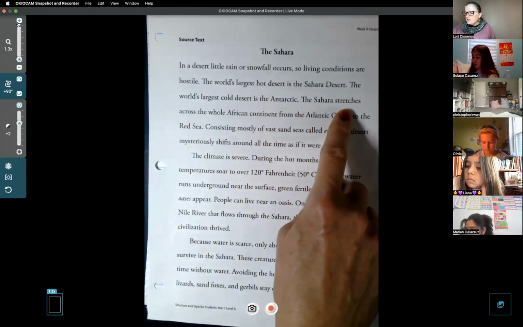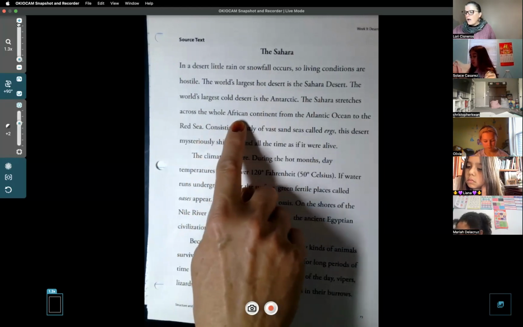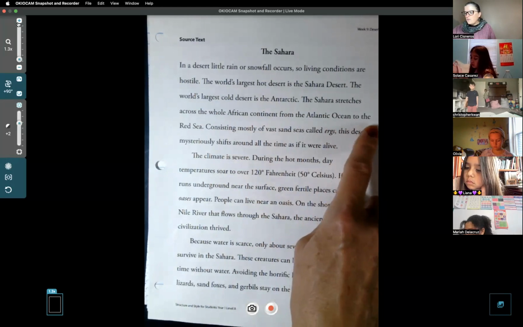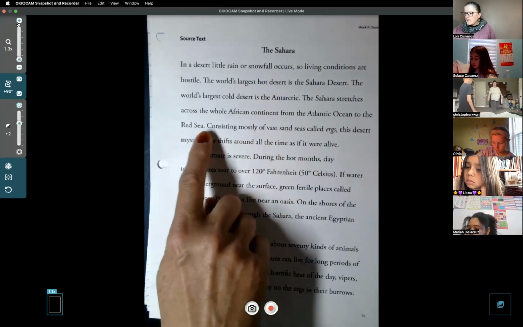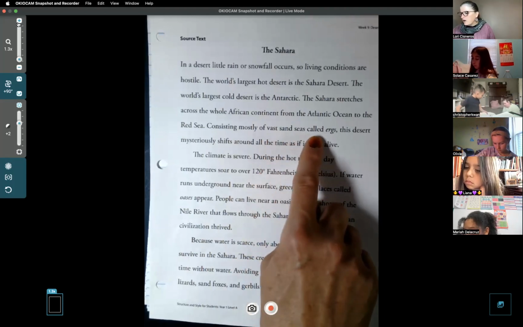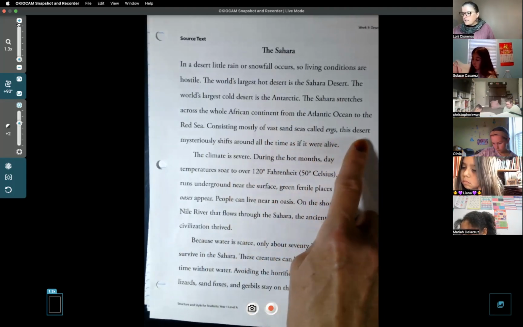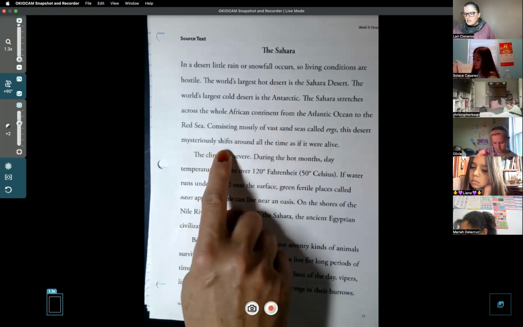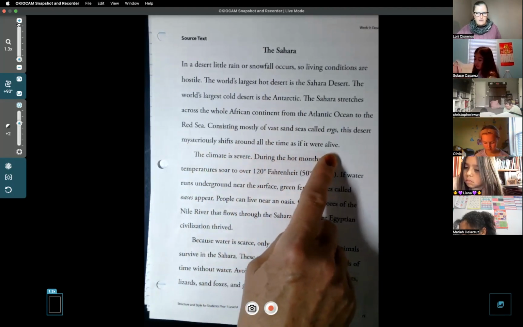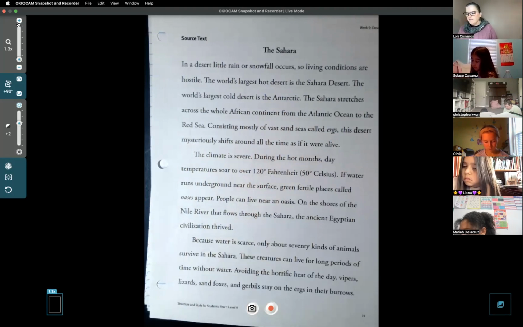The Sahara stretches across the whole African continent from the Atlantic Ocean to the Red Sea. Consisting mostly of vast sand seas called ergs, this desert mysteriously shifts around all the time as if it were alive. I'm going to pause there for a second.